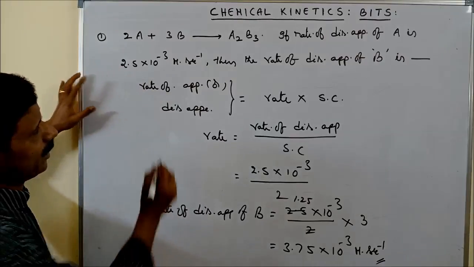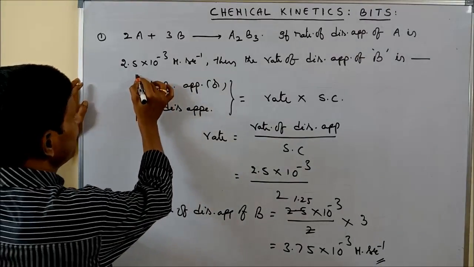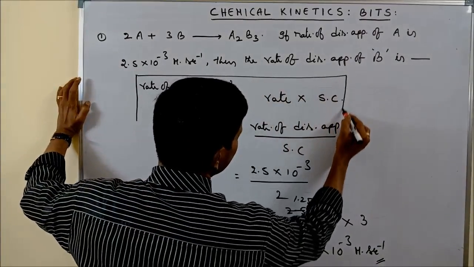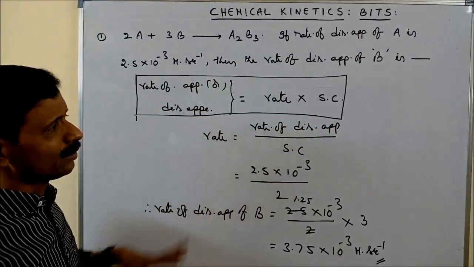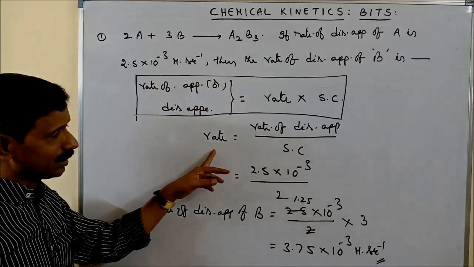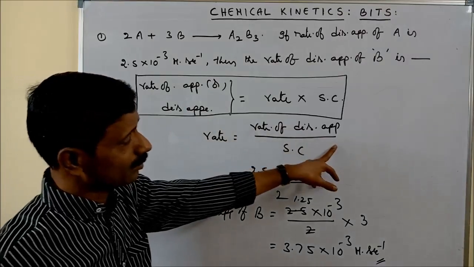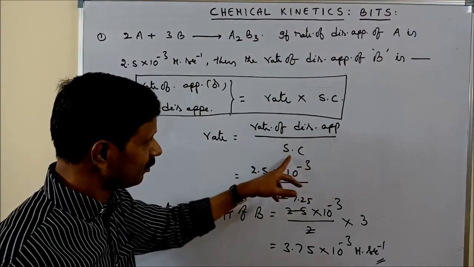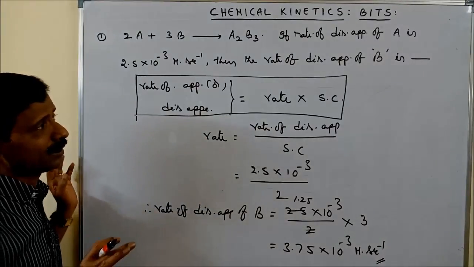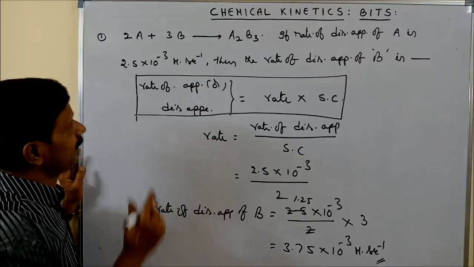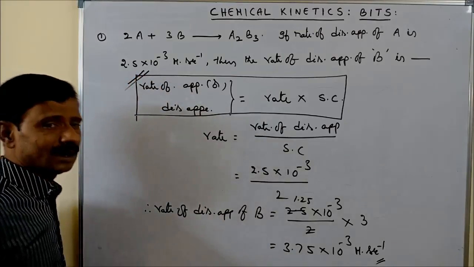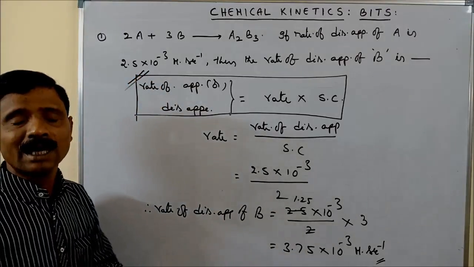So in this model, it is a fundamental model related to the rate. First of all, you have to remember this formula: either rate of appearance or disappearance is nothing but rate into stoichiometric coefficient. As per that, rate equals rate of disappearance or appearance by stoichiometric coefficient. It is very simple to analyze this type of models. This is the standard relation we have to remember.